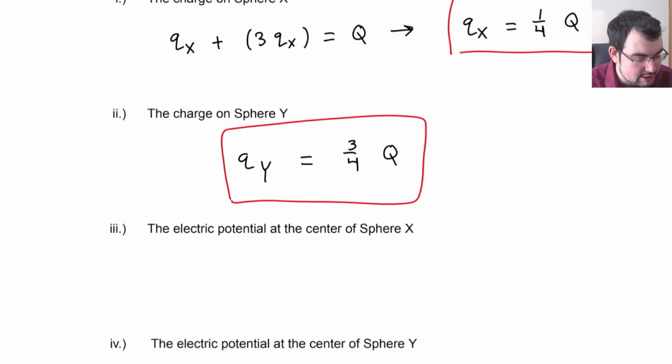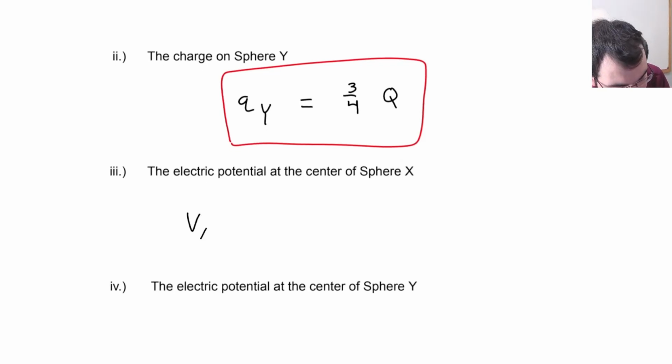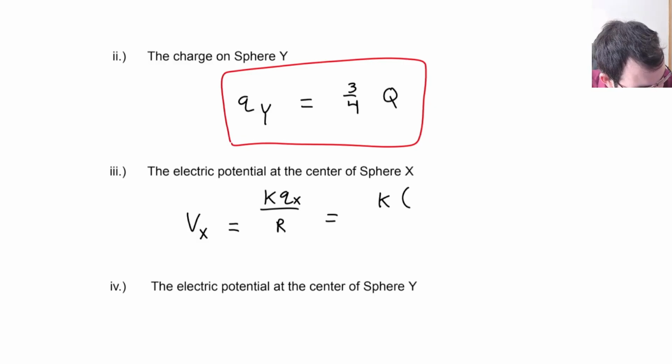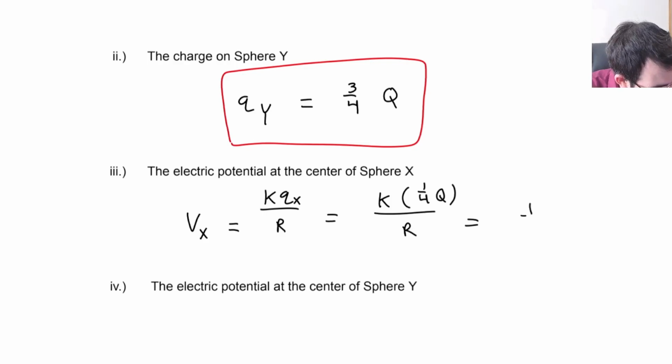And then let's find the potential at the center of each sphere. So the potential at x would be kqx over r, which would be k times 1/4 of q divided by r. So it'd be 1/4 kq over r.